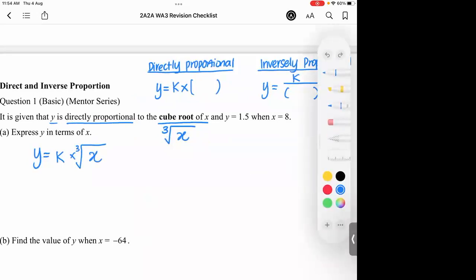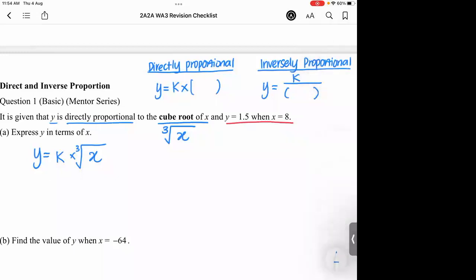Then next thing, what else do we know from the question? The question tells me the numbers over here, right? What do we do with these numbers? We plug it inside our equation. Okay, correct or not? You all remember? So y equals 1.5 now, then k times the cube root of x, where x is the number 8.